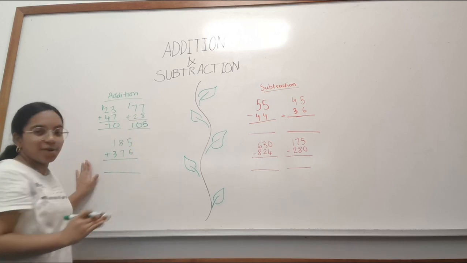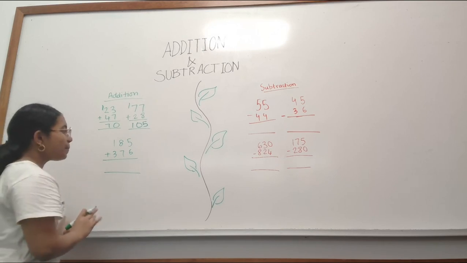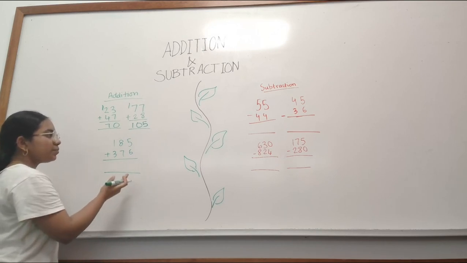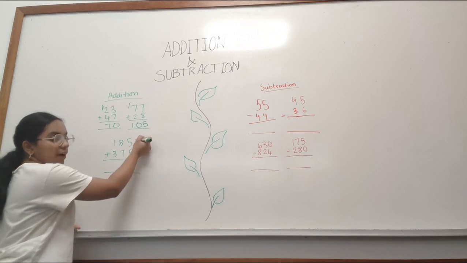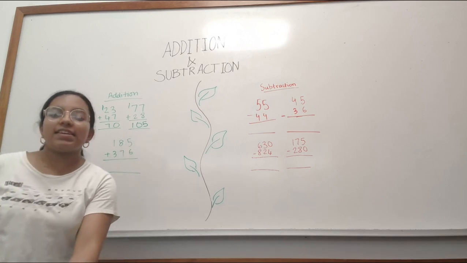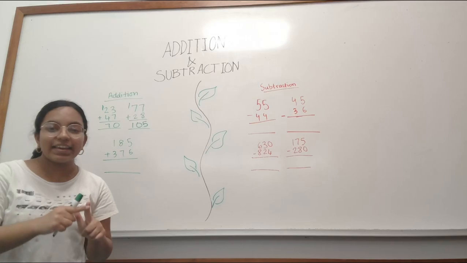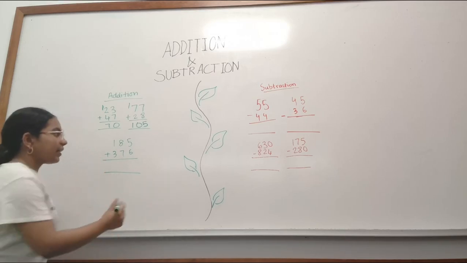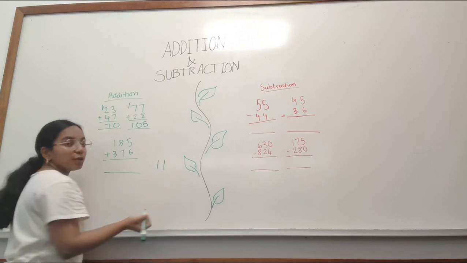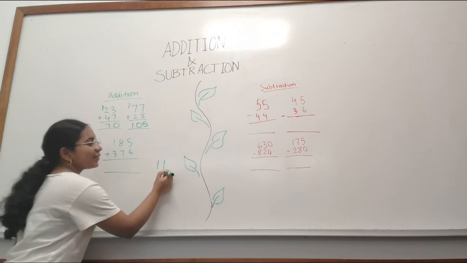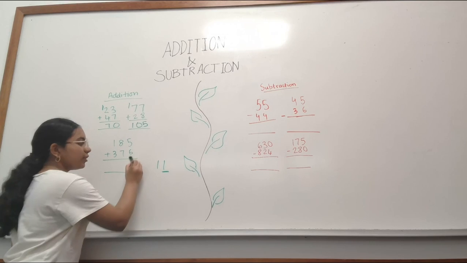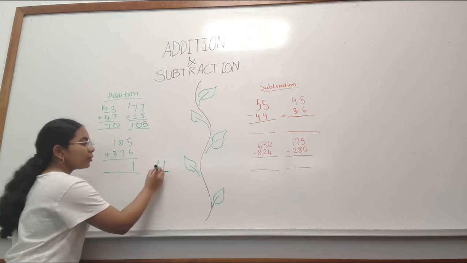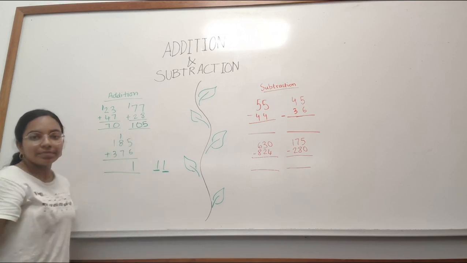So let's look at the last problem for addition, okay? Now here we have 6 plus 5. So after 6, it's 7, 8, 9, 10, and 11. And again, we have 2 numbers, so what do we do? We take the rightmost number, put it there, and the leftmost number, we put it to the top.